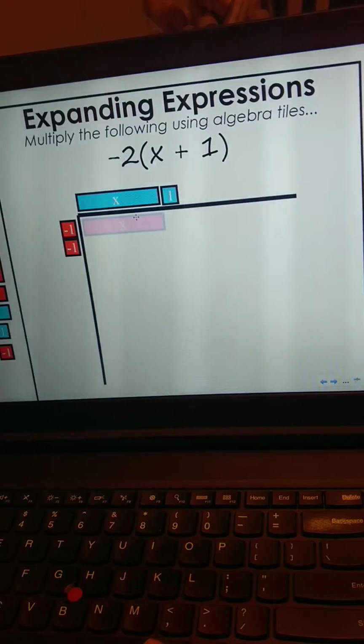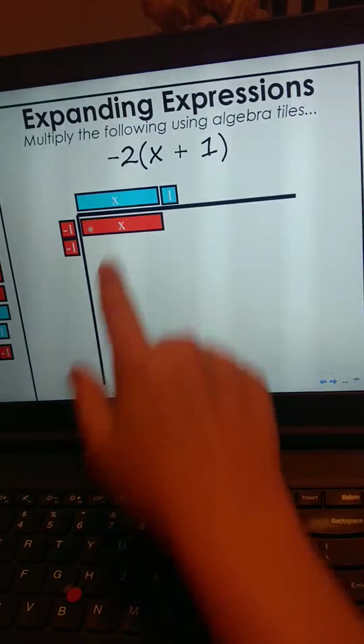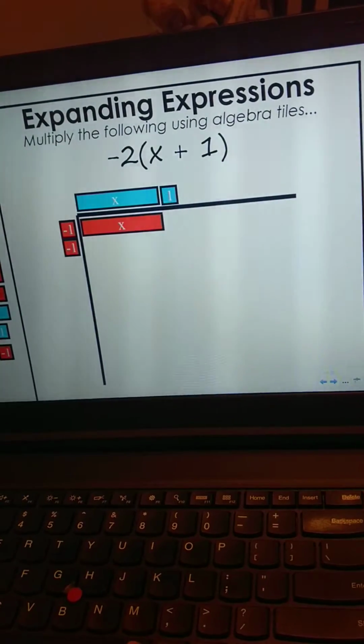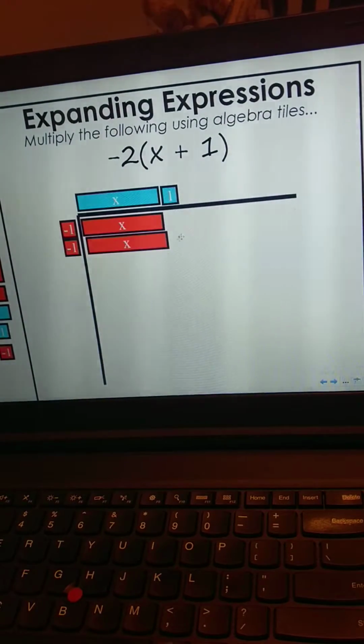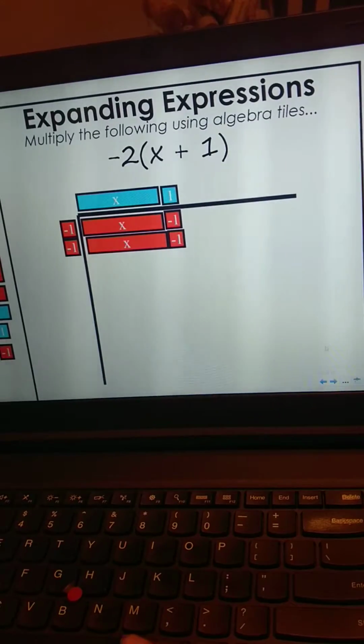So knowing that that's got to be negative x because this is -1 times positive x, or just a negative number times a positive number. And that will work for all of these. So then we'll have -2x minus 2. And then I also write the answers down here so they can see the numbers and the letters.